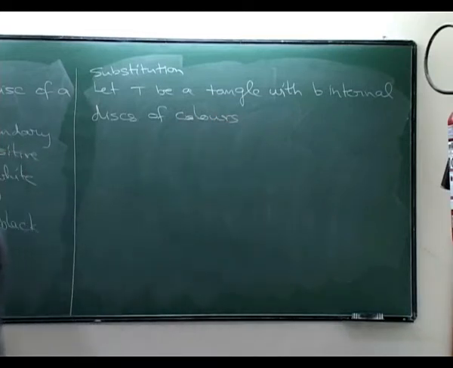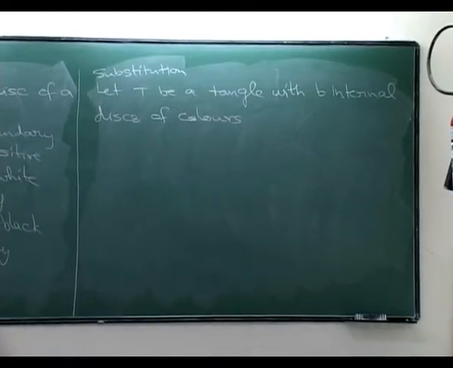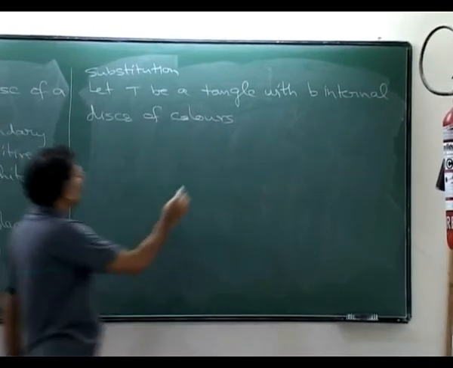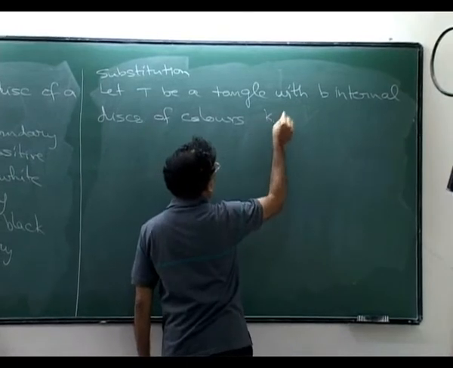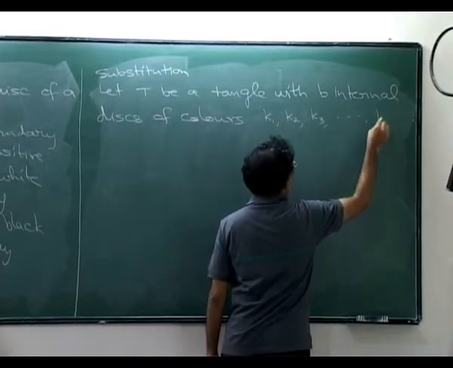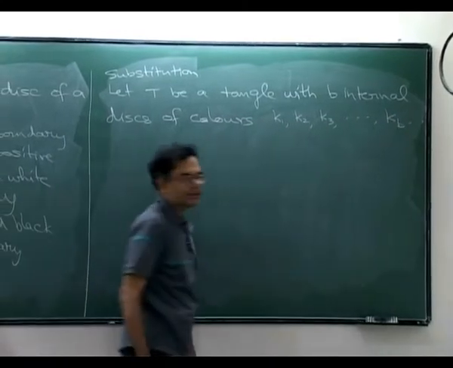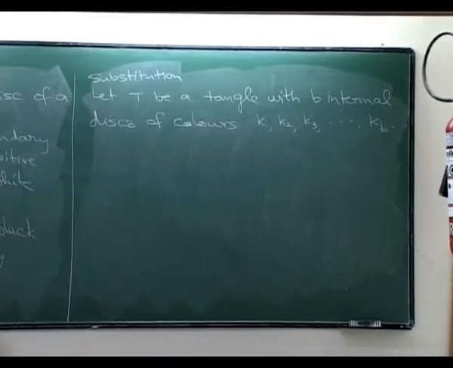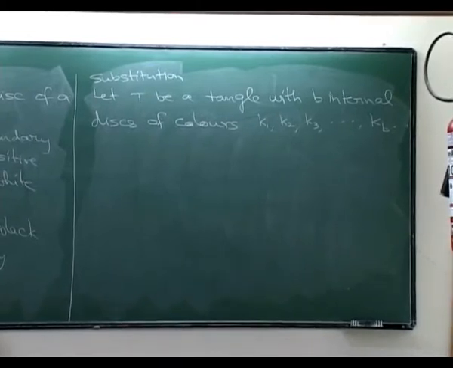There is D1, D2, D3, D4. Each one will have a different color in general, so of colors K1, K2, K3 up to K sub B. These are the colors of the internal disks. Each is either 0 plus, 0 minus, or some natural number, right?